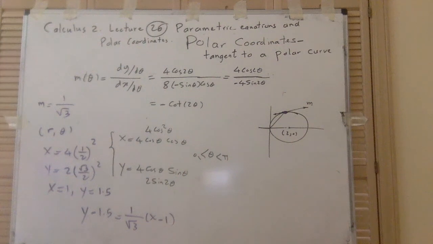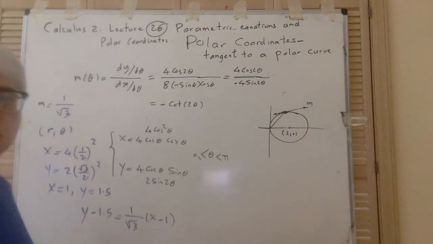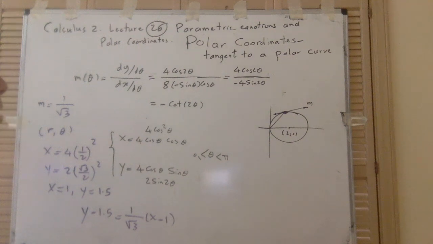So that's it: y minus y0 equals m times x minus x0. That is the equation of the line. You can simplify this or leave it like this. That was how you find a line tangent to a polar curve.